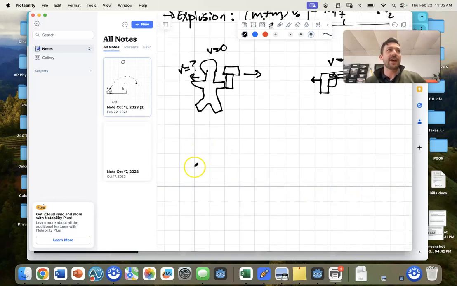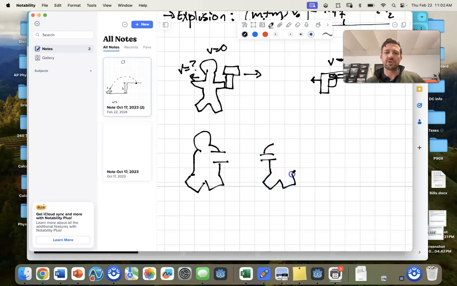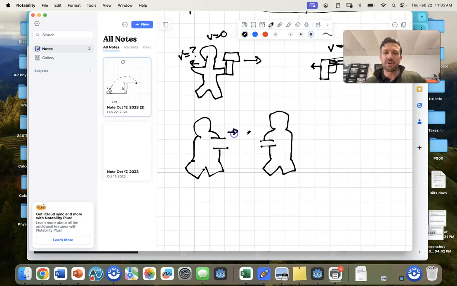Let's do another example here. Let's say you got two sumo wrestlers that are going to battle each other. You know you guys are loving these great images I draw. Okay, they're going to run into each other, hit each other and collide and stick together, and they're going to fly in one direction. It looks like I made this guy bigger. So let's say they're running at each other.